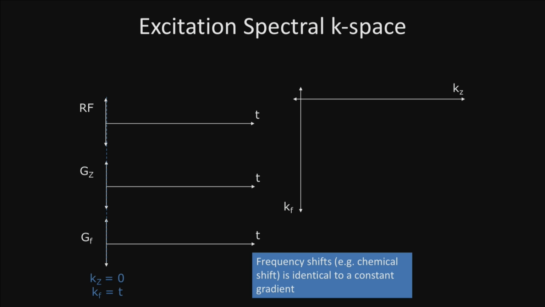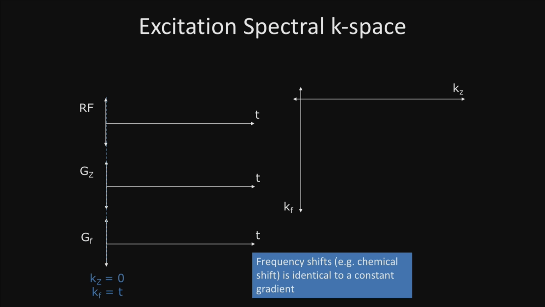Okay, but to understand spectral-spatial pulses, we can actually take this. So I'm bombarding you with k-space this morning. Hopefully it's on your mind all day. We can actually put k-space into our excitation as well, and this turns out to be very helpful for understanding spectral-spatial RF pulses.